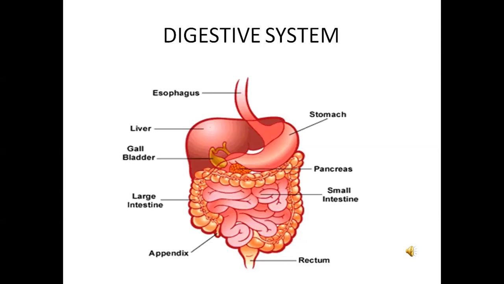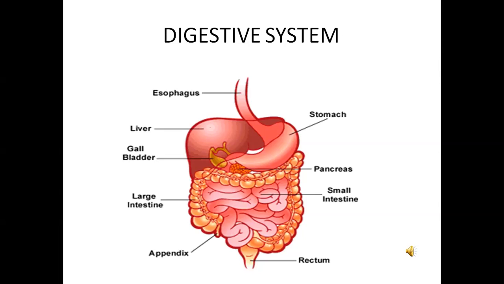Next system is the digestive system. The digestive system consists of the alimentary canal and associated glands. This system is involved in the conversion of complex food substances into simple forms and absorption of digested food.